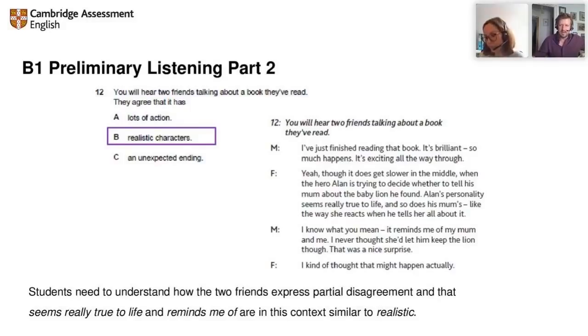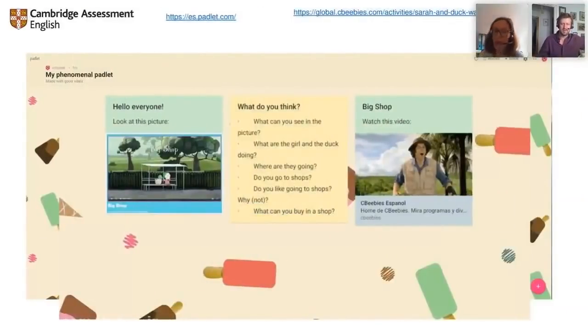So doing this online, Victoria, talk us through. Yeah. Doing this online and maybe with a task that is more suitable for younger learners. In this case, we are going to ask our students to watch a video.